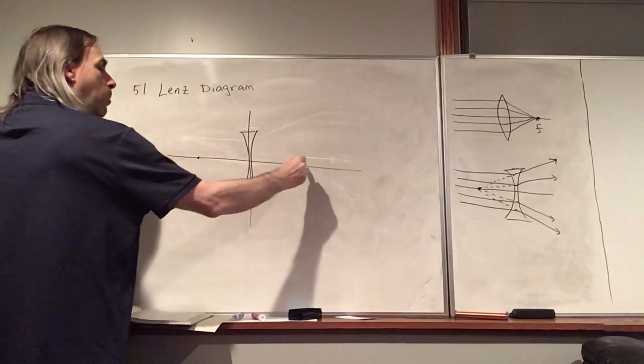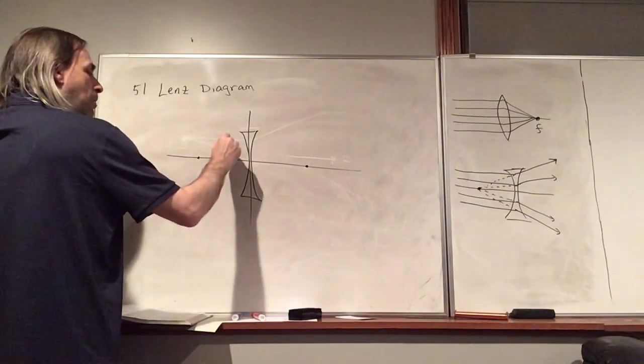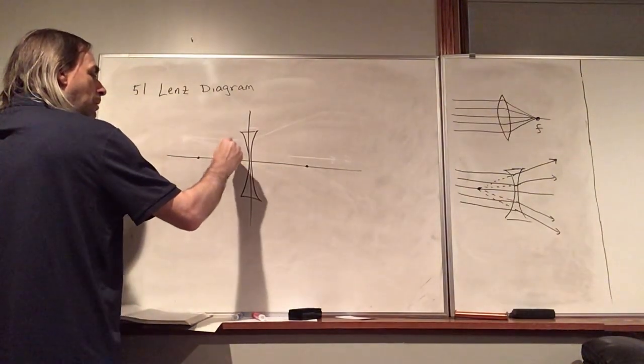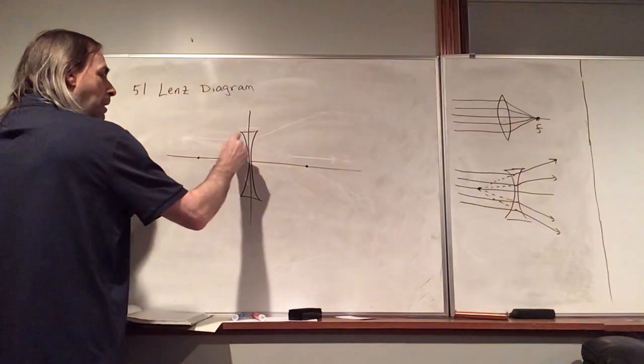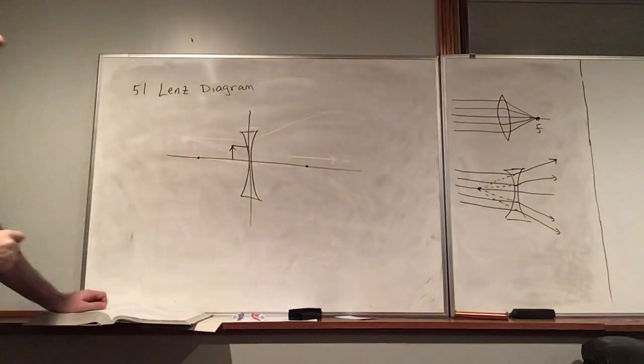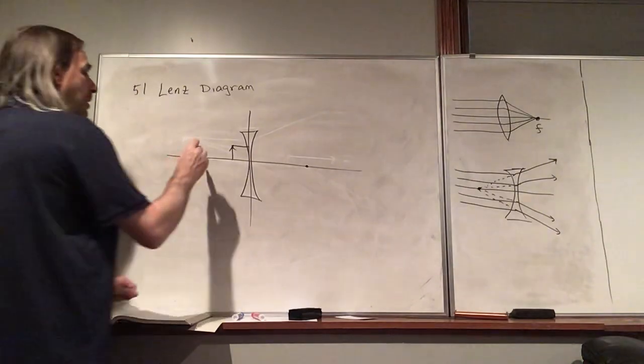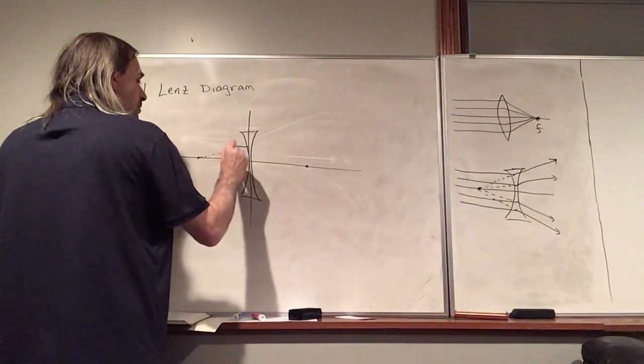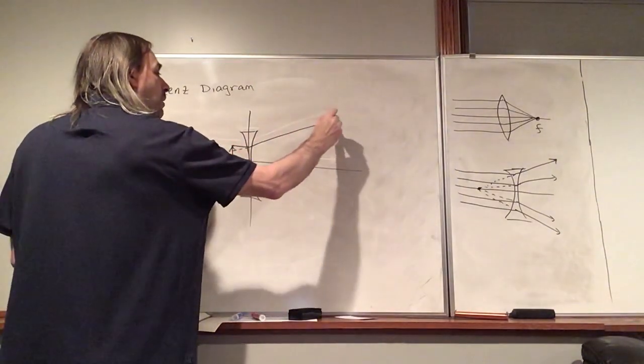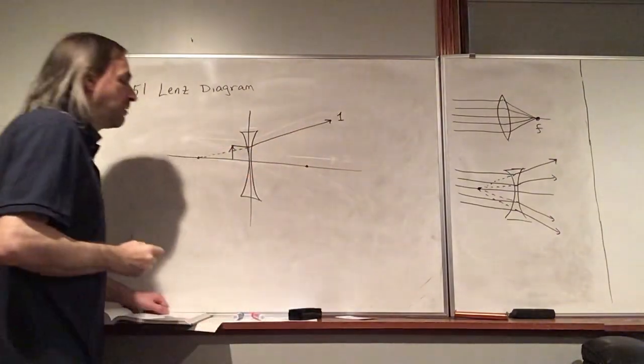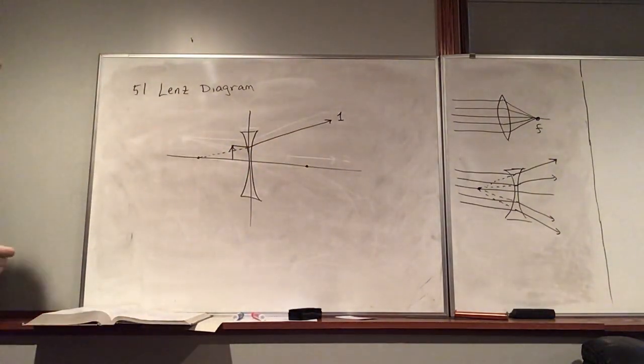So we've got a focal point on each side. Let's put our object here. So to start out, always parallel to the principal axis, and then we diverge from this focal point on the left. So this one really isn't going to be any different than the other one.